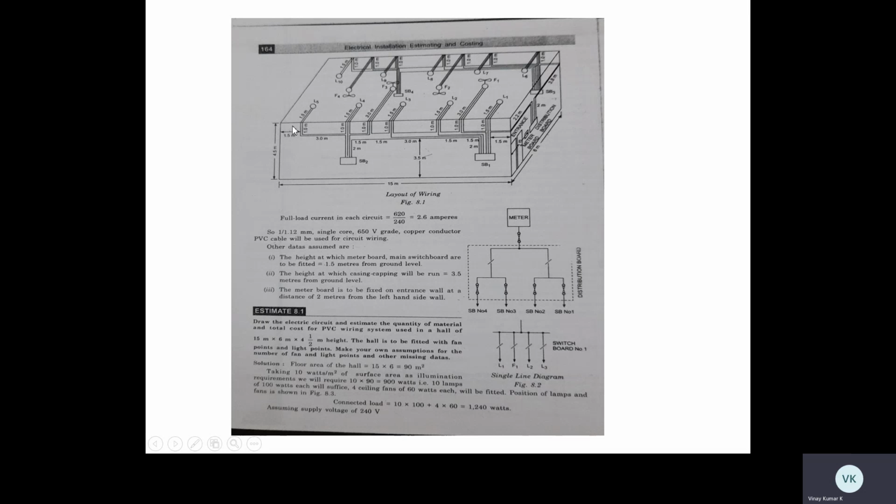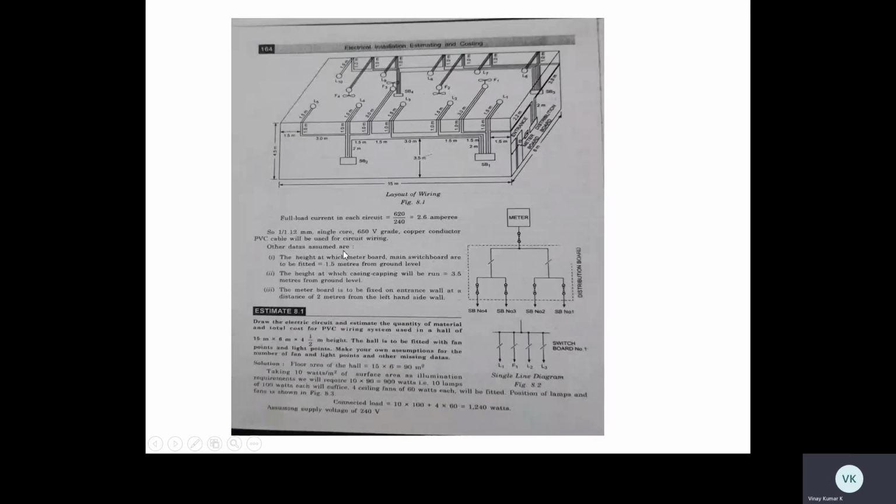Like that we have to place our lamps. While calculating, among the general rules that we have to follow, I told that a gap of 1.5 meter should be given between the walls and cable, and 1.5 meter from the ceiling. That is given here.